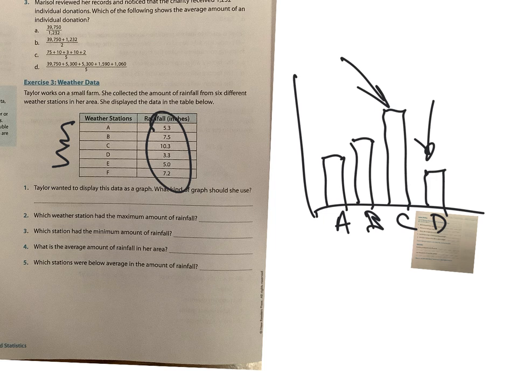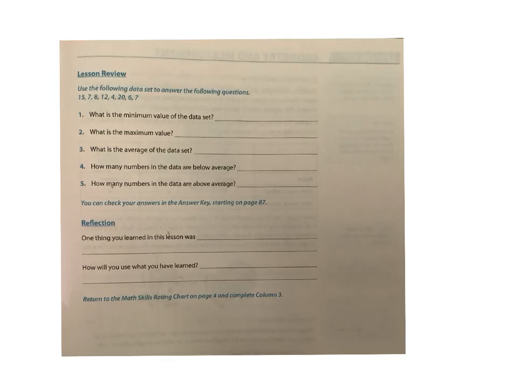Circle graphs are better when you're looking at how big of a part is there of the whole, rather than comparing individual things like we're doing here. So which weather station had the maximum amount of rainfall? Well, you can look at this graph right here and tell pretty quickly what that is, and I'll let you do the rest of those problems on your own.